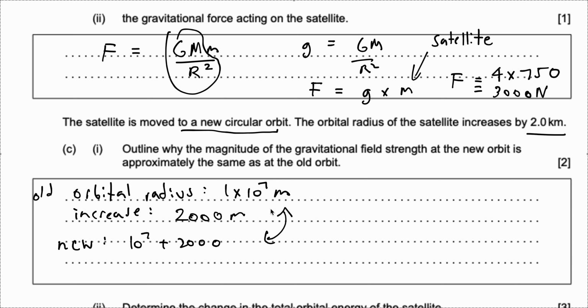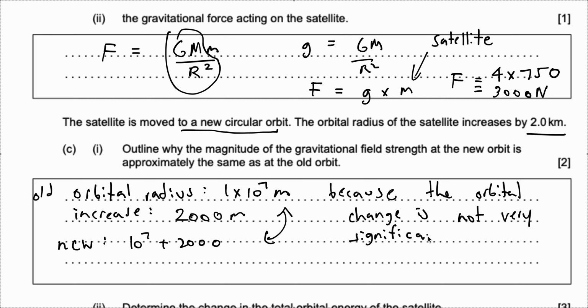Because the number was so big to begin with, adding 2000 meters isn't really going to make much of a difference to your gravitational field strength. And so that's your answer. The reason it stays the same is that the orbital radius change is not very significant, right? Because the number itself is not that much different.